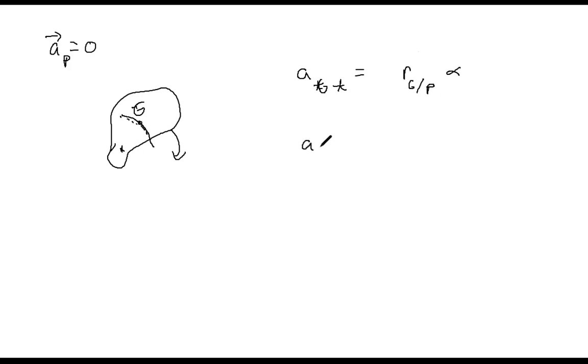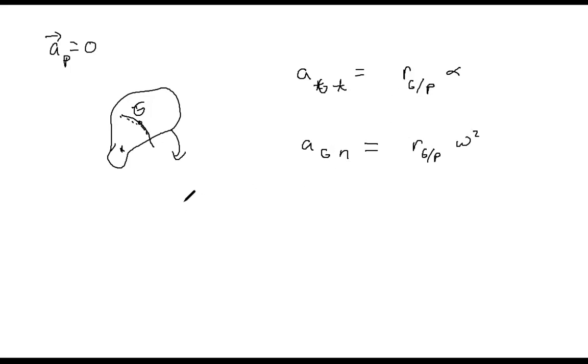Similarly, the acceleration normal is simply going to be the centripetal term. That's going to be r_G relative to P times omega squared, because the center of the object undergoes a pure rotation. So you have these terms.